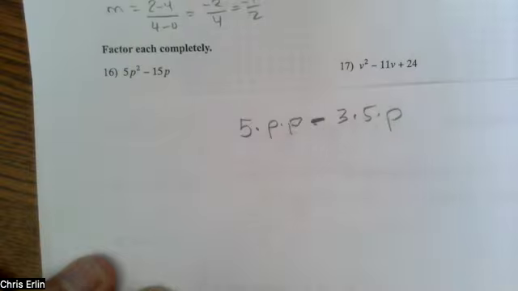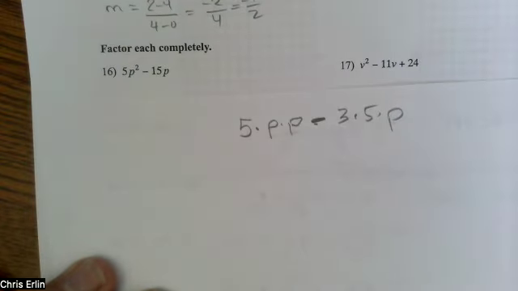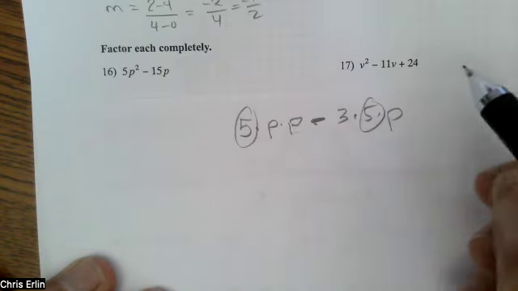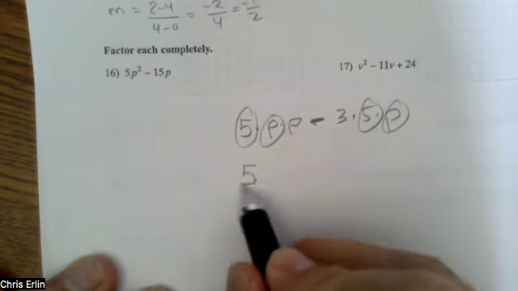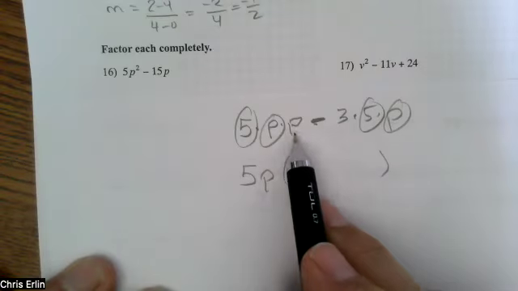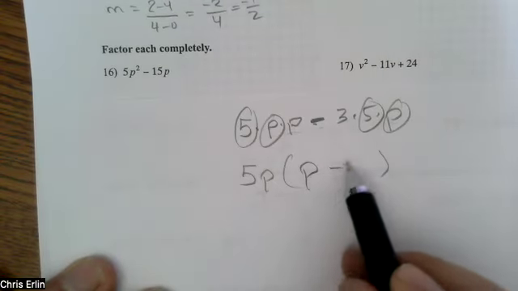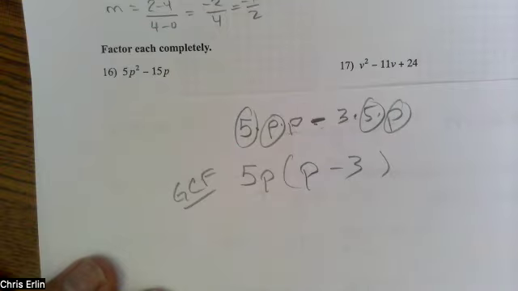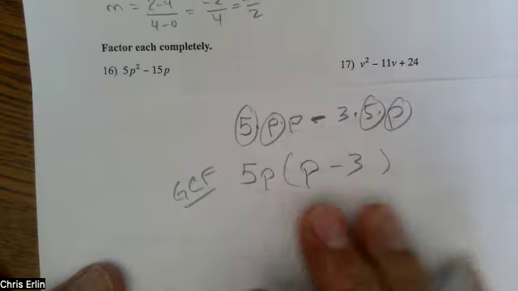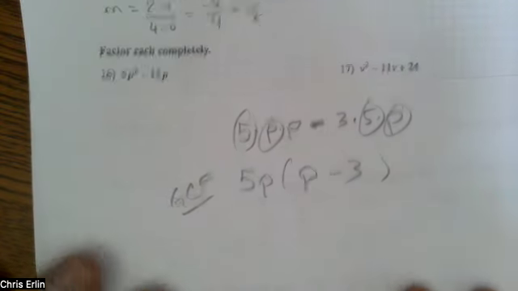Terms are things separated by plus or minus. What's common? 5 and p. So whatever it is that's common, I pull that out front. What remains is what's on the inside. This is called the greatest common factor. And it's the first step every time you factor. Once you've done that, depending upon what you're left with, you'll employ other factoring methods.